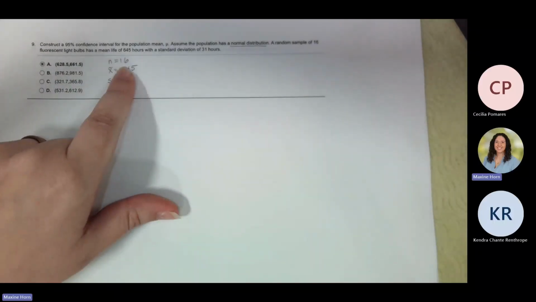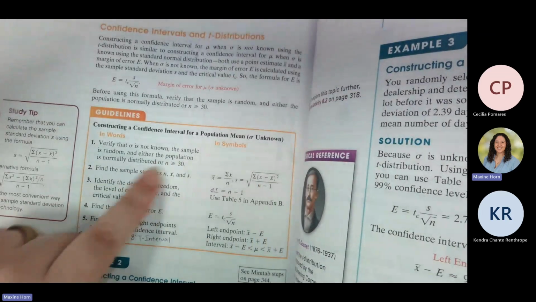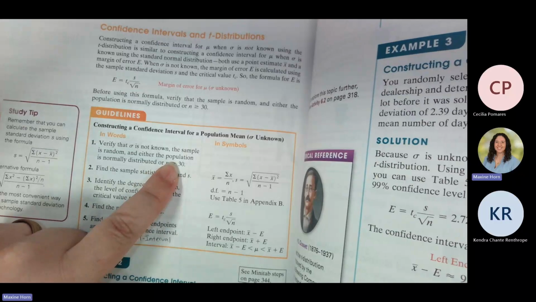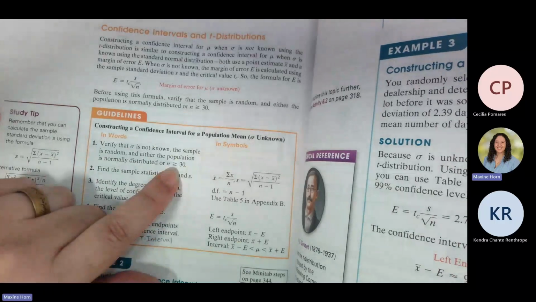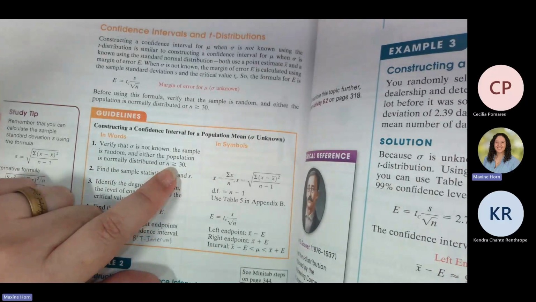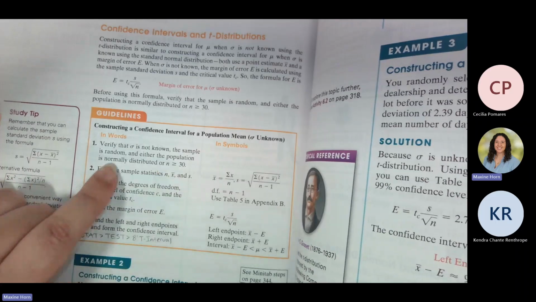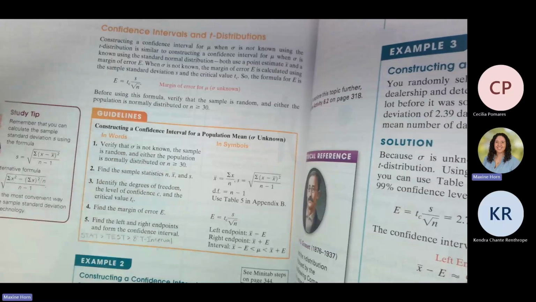Well, in our case, n is not greater than or equal to 30, but that's okay because we only need to check one of these two categories here. Either it has to be normally distributed, or if it's not, that's okay as long as we have a big enough sample size. Or in our case, it's okay that we have a small sample size. Our sample size is not greater than or equal to 30. That's okay because the population is normally distributed, right? It's got to be one of those two.